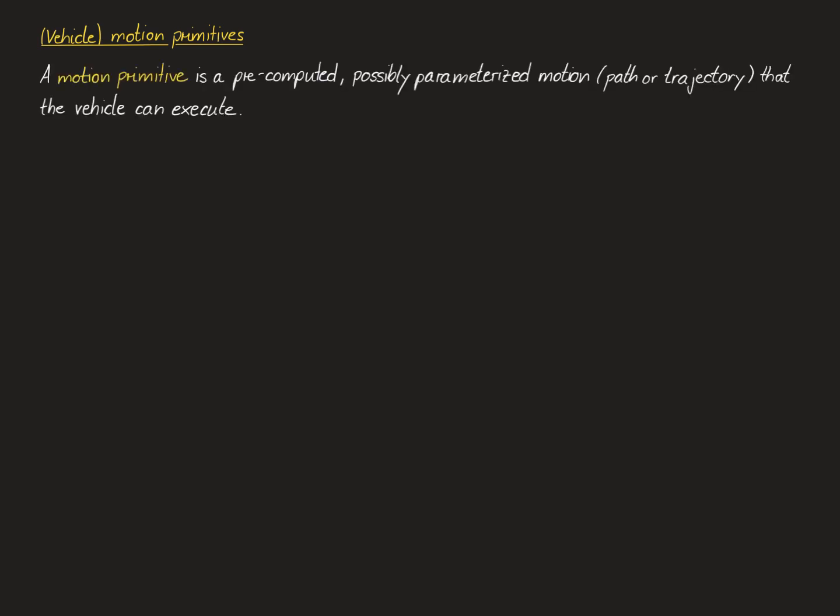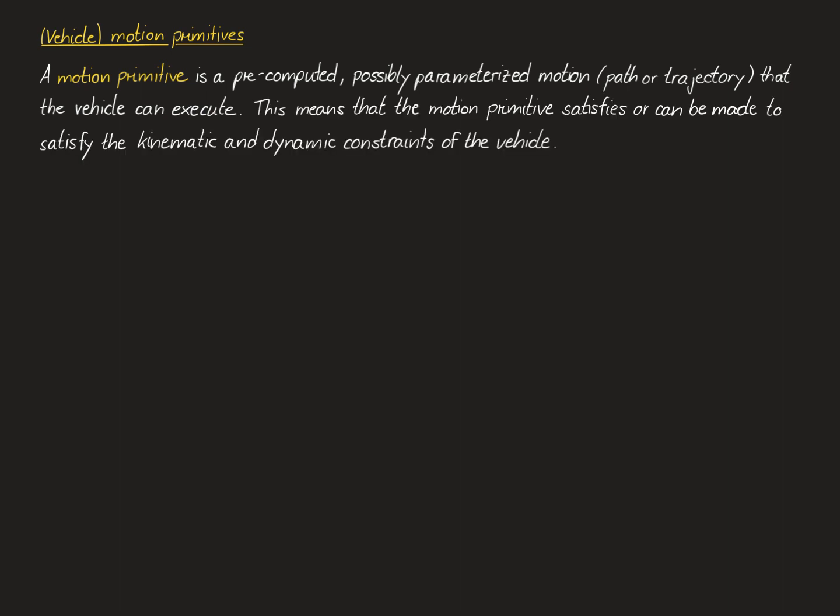Let's get started with the concept of a vehicle motion primitive, or simply a motion primitive. In fact, a motion primitive is a pre-computed, possibly parameterized motion, meaning a path or trajectory that the vehicle can execute. This means that the motion primitive satisfies or can be made to satisfy the kinematic and the dynamic constraints of the vehicle.